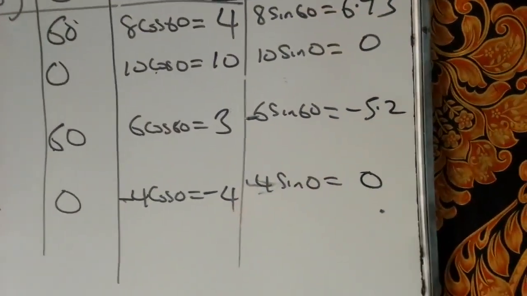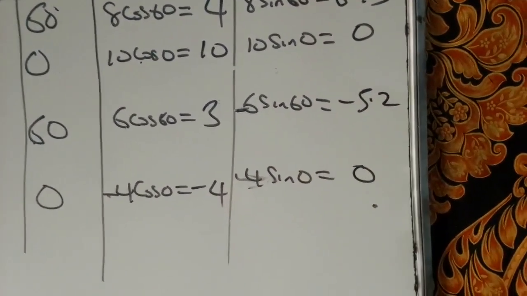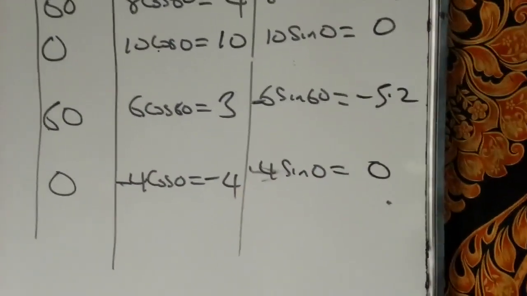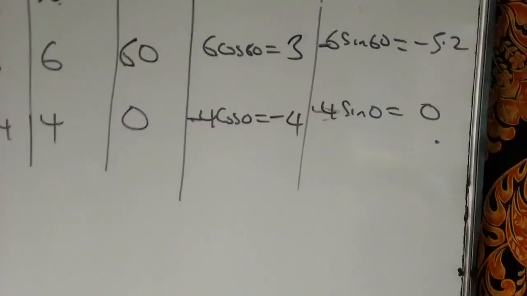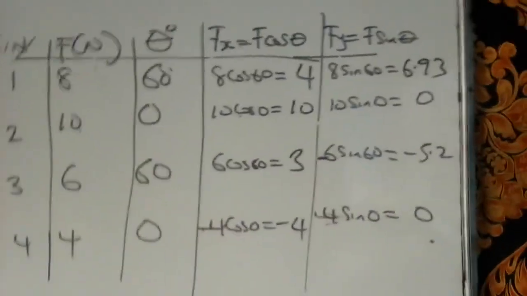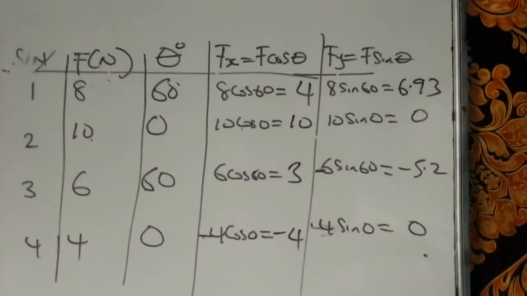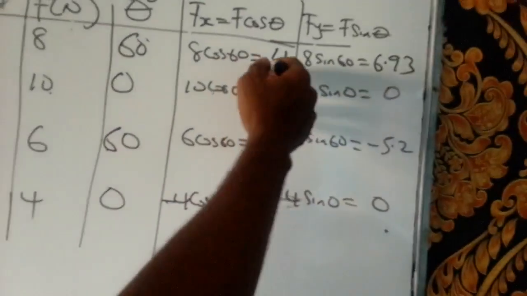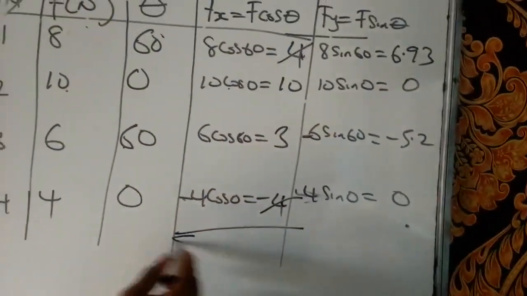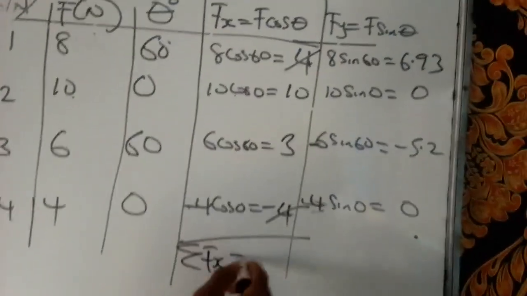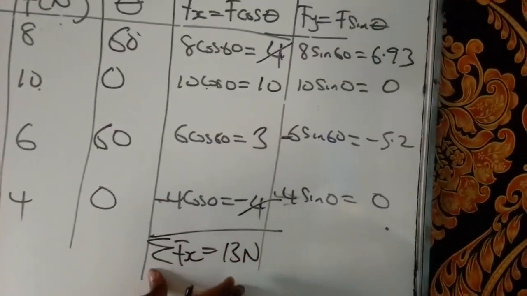So we now add the values we have here. For F of S, 4 plus 10 is 14. 4 eliminates 4, 4 minus 4 is 0. Now we have 10 plus 3 giving us 13 Newton. The net force for the horizontal is 13.